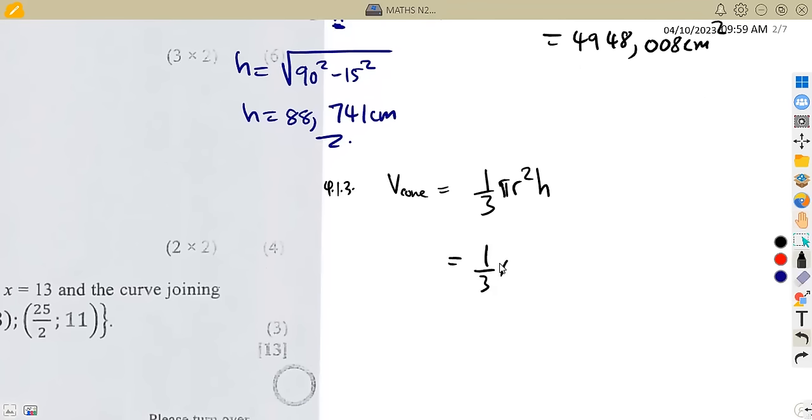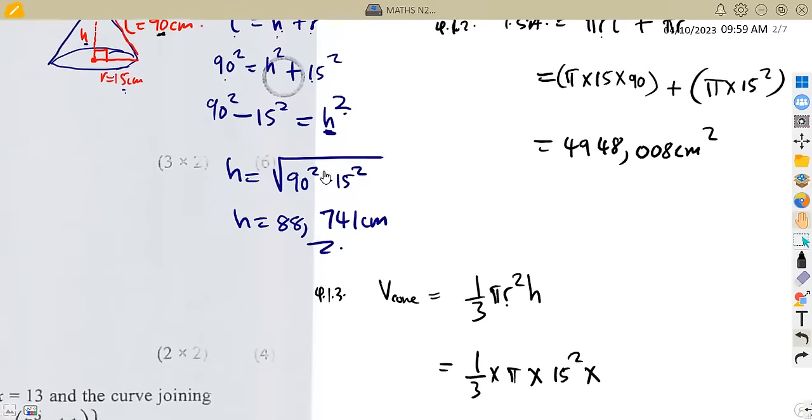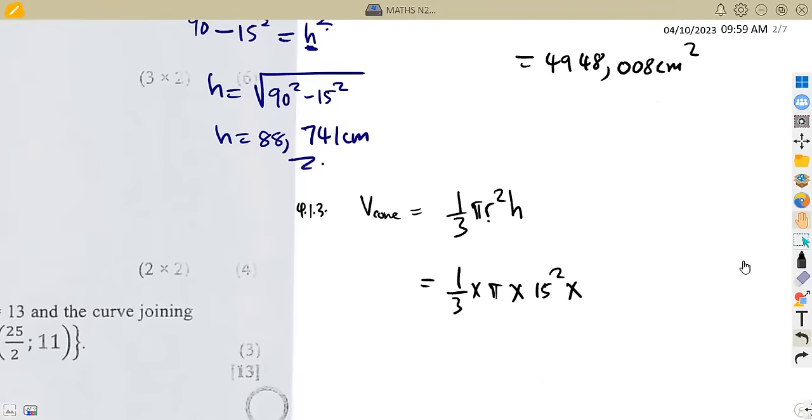So that's a third times pi times the radius squared, of which our radius is 15, so 15 squared, times the height. Take note, guys, the radius here is 15. Then the height is the one that we calculated here, which is 88.741. This is going to give us the volume of the cone, which is about 20,909.106 cubic centimeters if we round off to 3 decimal places.